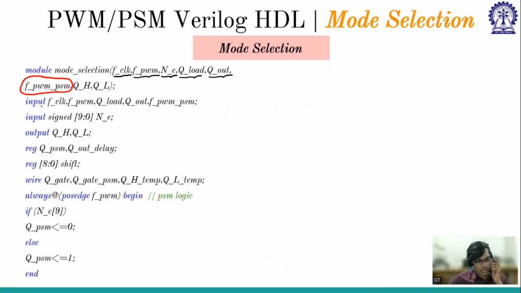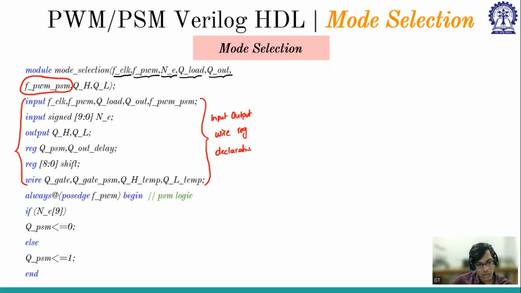So first the input and output port declaration as well as reg. These lines are the input, output ports, as well as some wire and reg declarations.